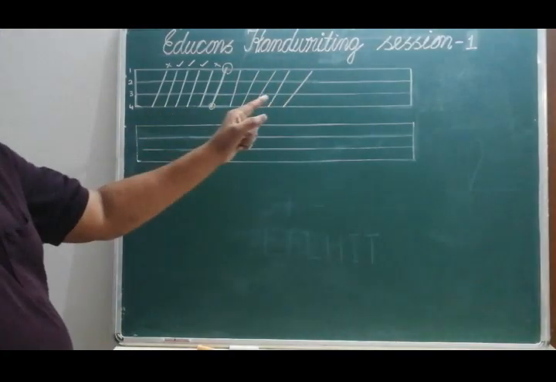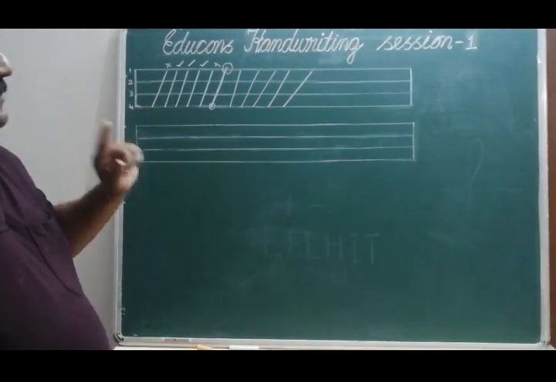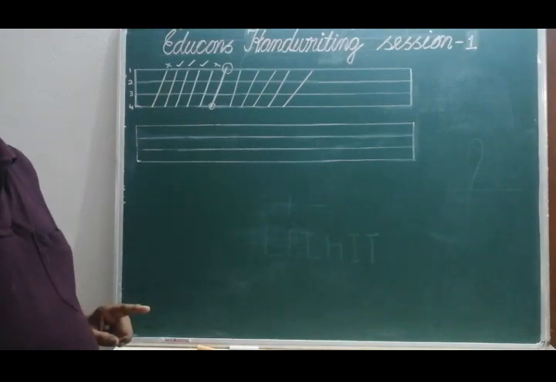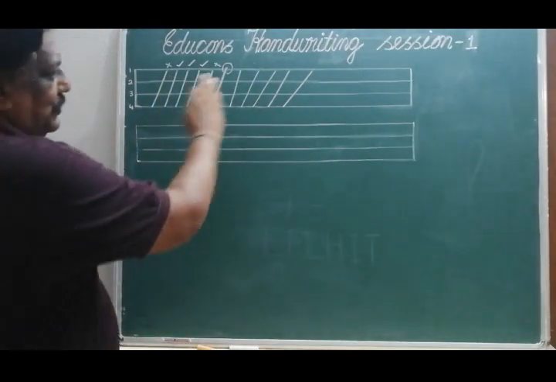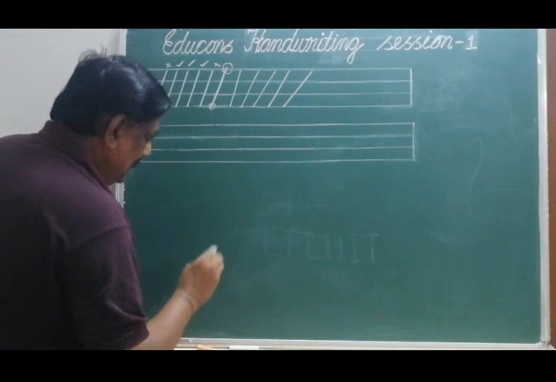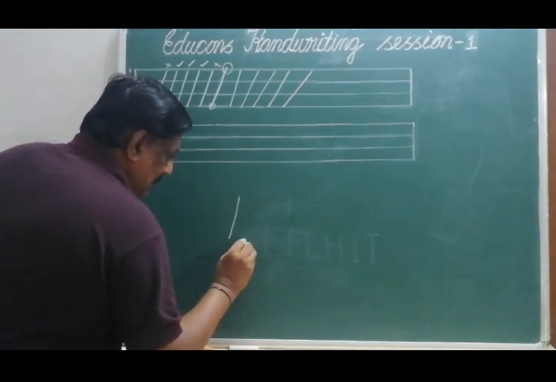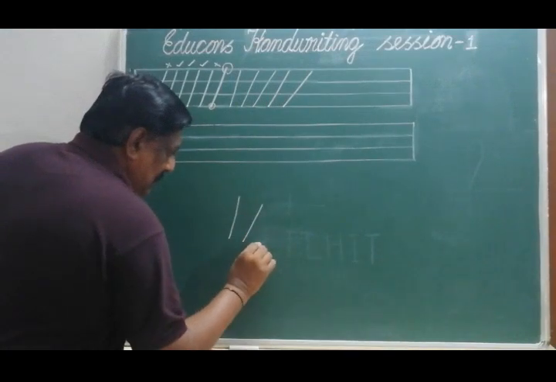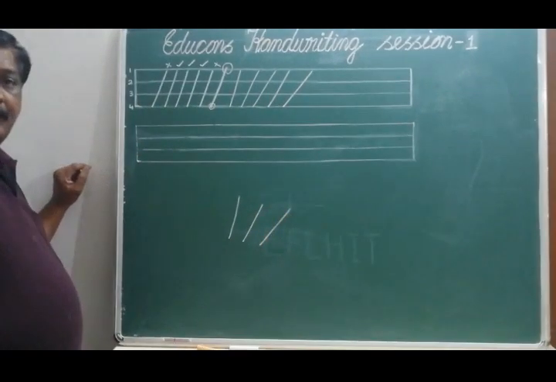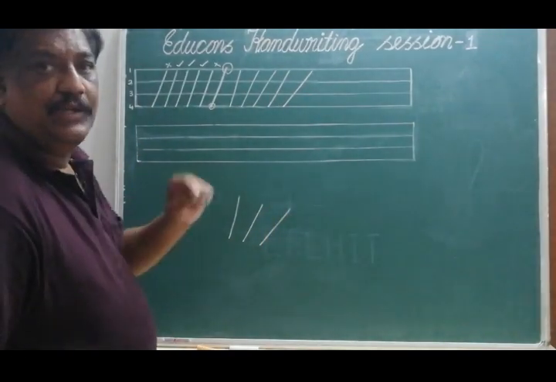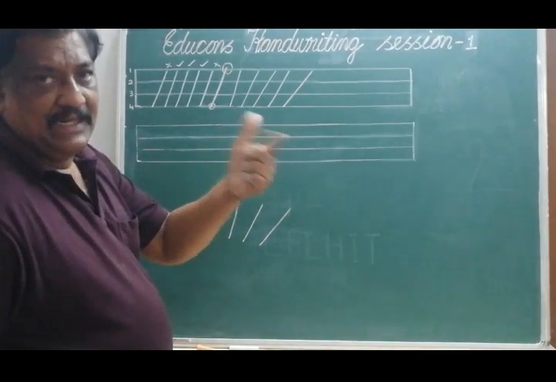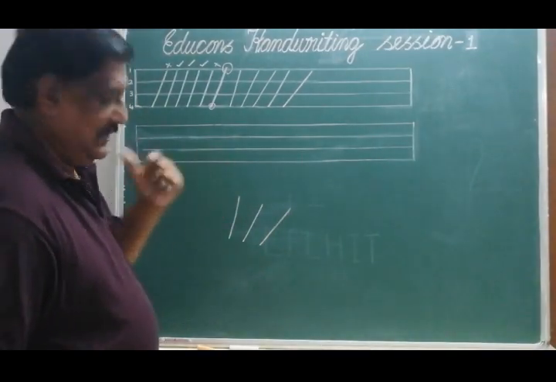See, I have drawn various landings. You just tell me which one will be the best. Okay, I will show you which will be the best. Suppose this one's landing, this one's landing, this one's landing. Using this landing, I am going to construct a letter, say for example letter L.